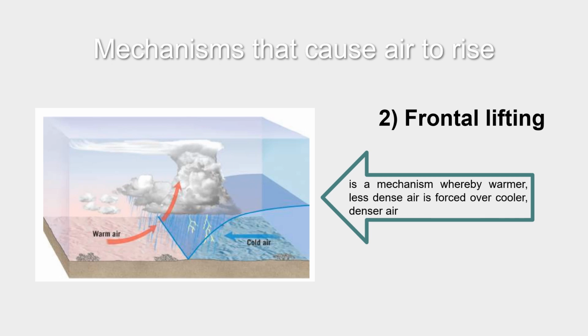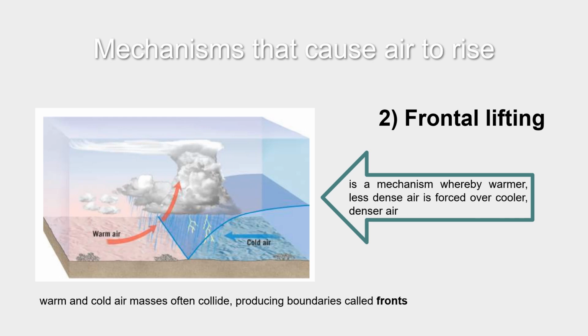This mechanism happens when the warmer, less dense air is forced over cooler, denser air. So the colder, denser air acts as a barrier over which the warm air, or the less dense air, rises.